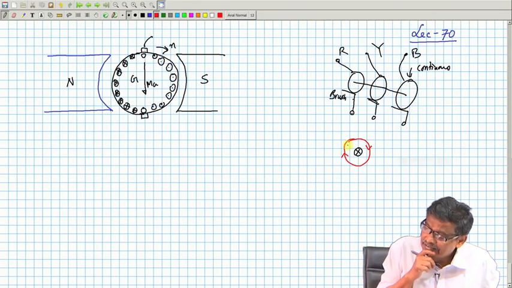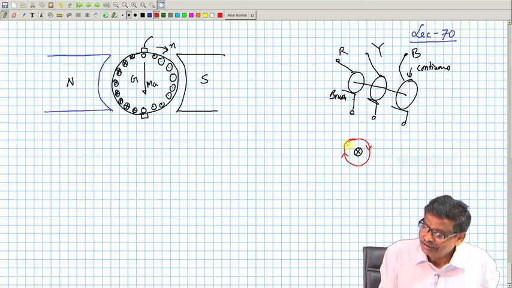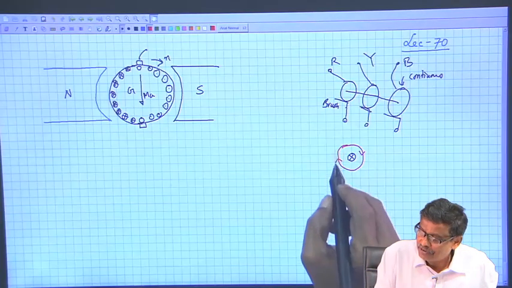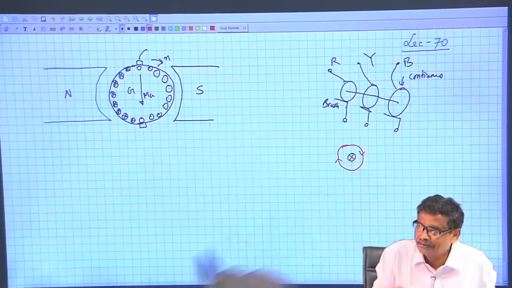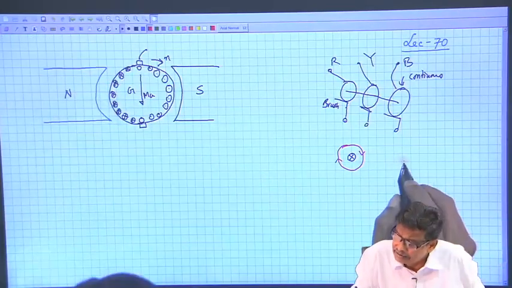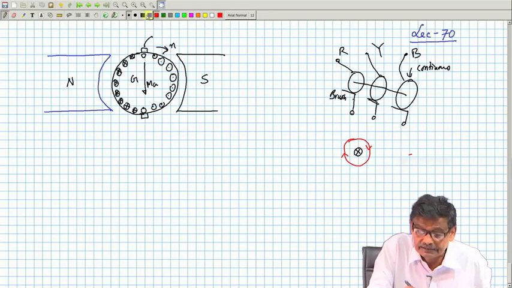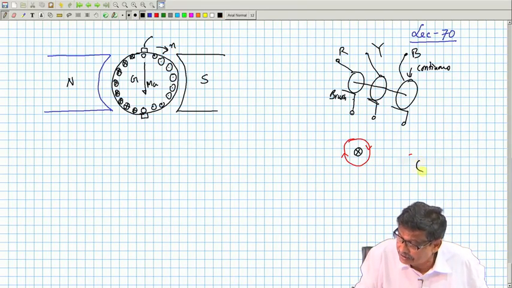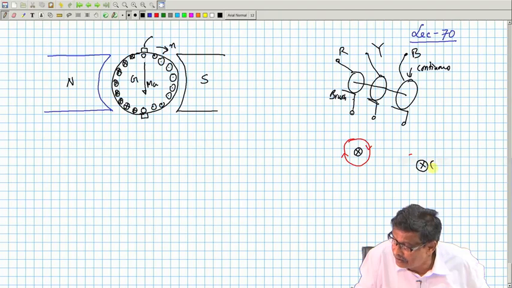Now, suppose I say do something so that there will be no field because of this current. What is the answer to this? You will say that this was the original conductor, and in close proximity I will place another conductor carrying the same current in the opposite direction, and there will be no external field.